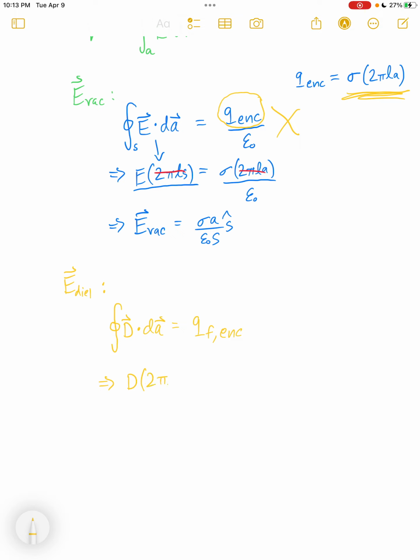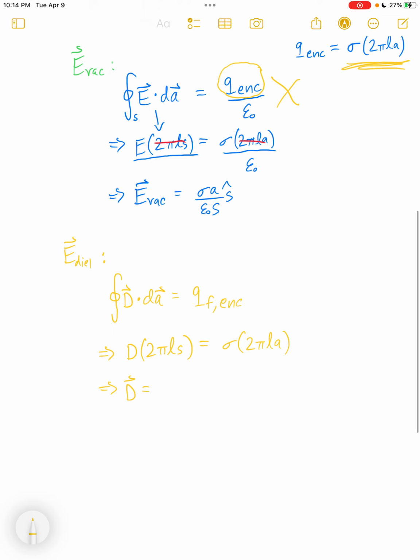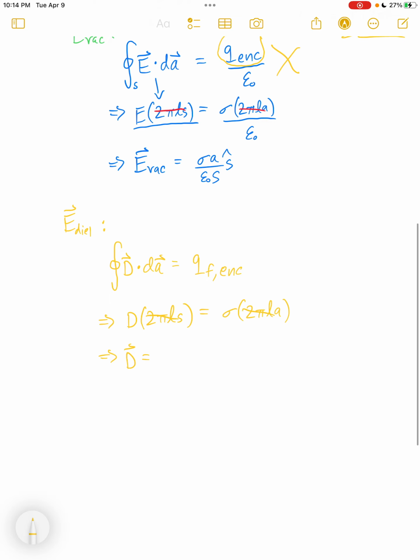Simplify Gauss's law. And Q free enclosed is sigma 2 pi LA. So the electric displacement within the dielectric material, again this factor of 2 pi L cancels, is sigma A over S in the S hat direction.